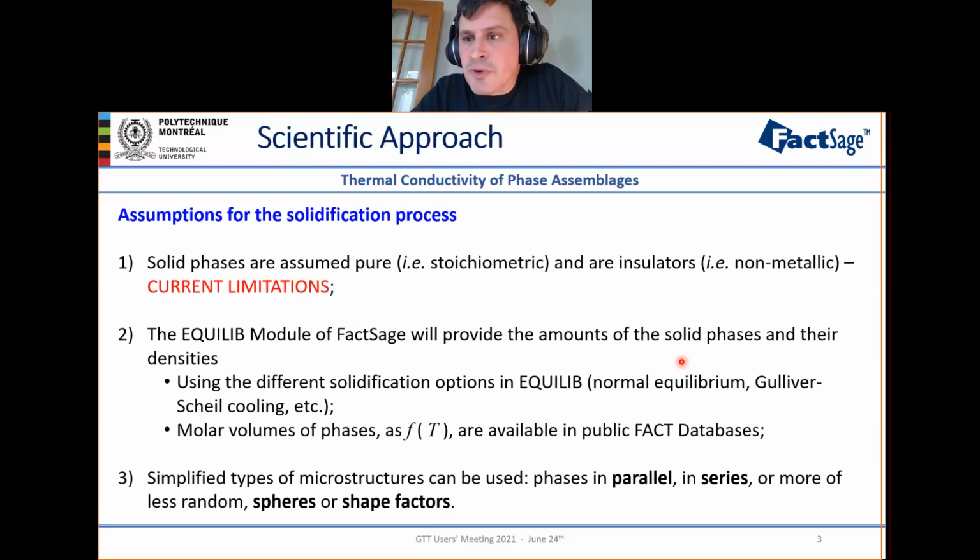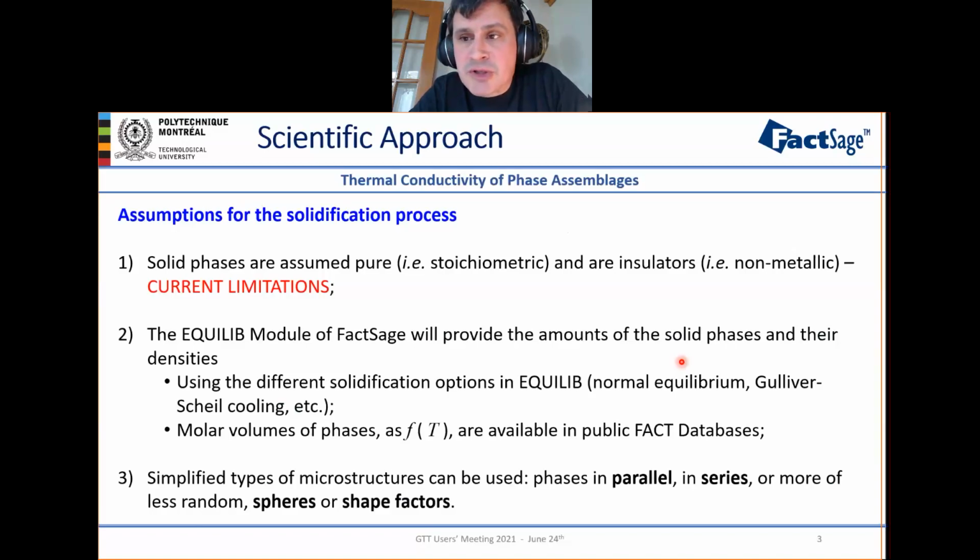We wanted to provide a company with a thermal conductivity model for this side ledge, which is related to its thickness. So basically, we need a model that is able to compute phase properties and microstructure properties for the thermal conductivity.